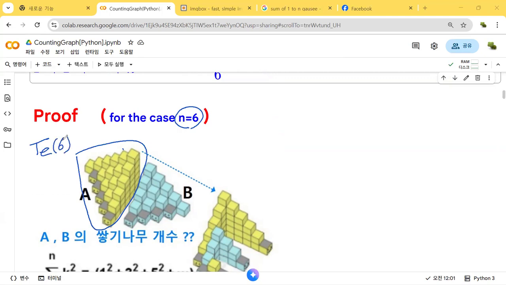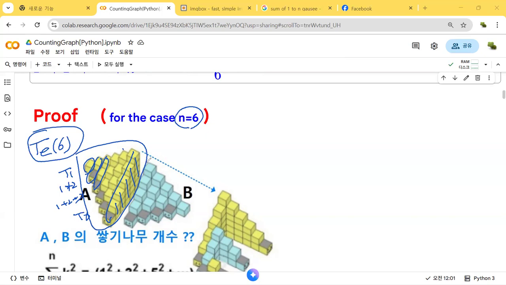Okay, look at this. This is 1, and the second one is 1 plus 2, a triangular number. So this one is 1 plus 2 plus 3. Look at this. This is 1, 2, 3, 4, 5, 6. So there is 1 plus 6. Okay. So this is in fact the sum of T1 up to T6.